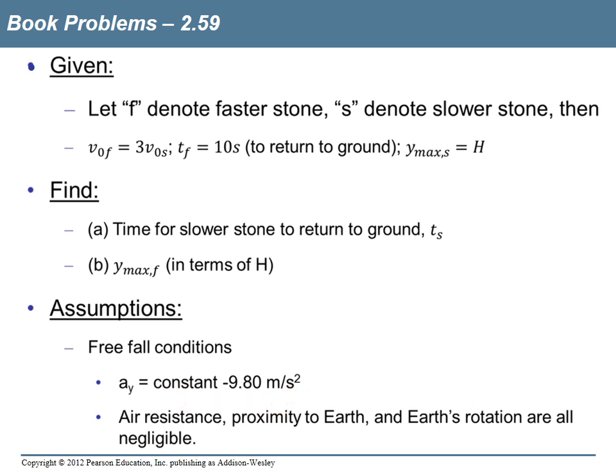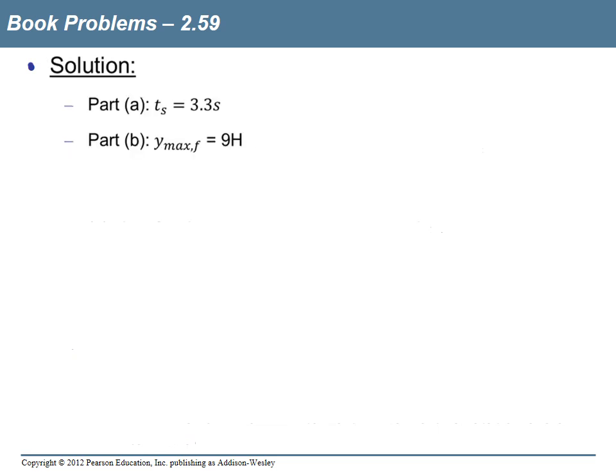And we assume all the free fall conditions: air resistance, proximity to Earth, and Earth's rotation are all negligible, so that we can use the equations that we had before. We have to make these assumptions in order to be able to use those equations of motion that we used in the previous problems.